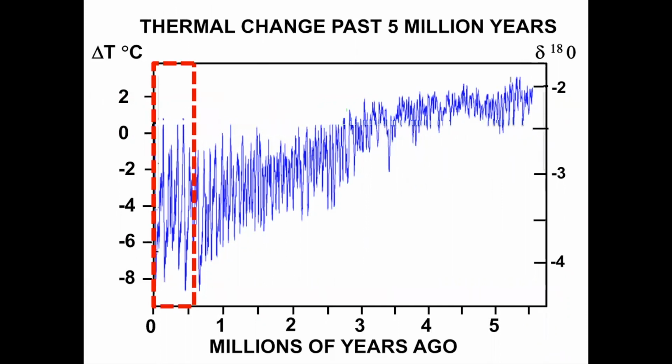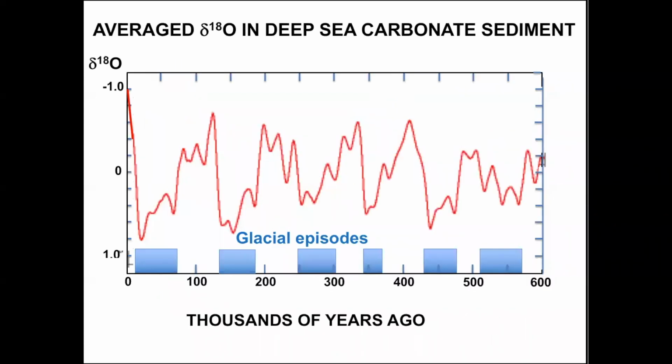And we're going to change our scale again as we get closer to the modern. We're going to look at the past 600,000 years, excuse me. And now we can start to see the glacial and interglacial episodes as indicated by delta-18 O, which we talked about last week as a geological thermometer.